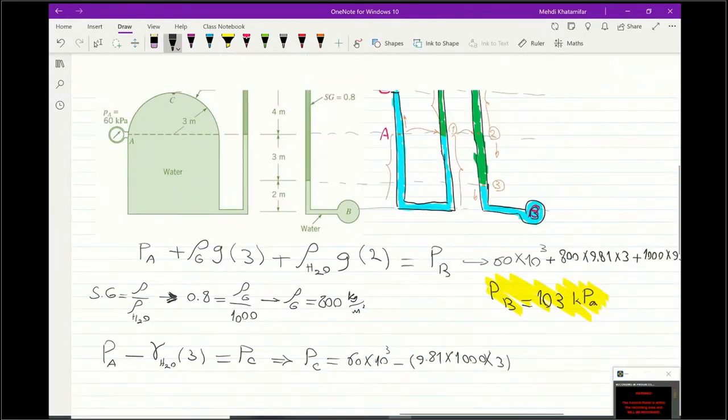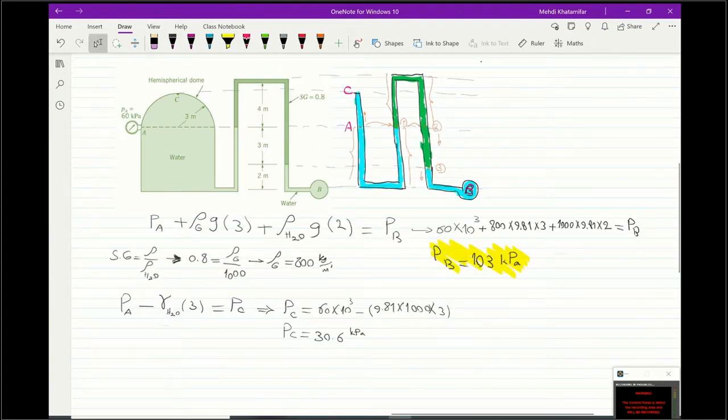So PC is going to be about 30.6 times 10 power 3, 30.6 kilopascal. Okay, now I want to convert this to the height of mercury.